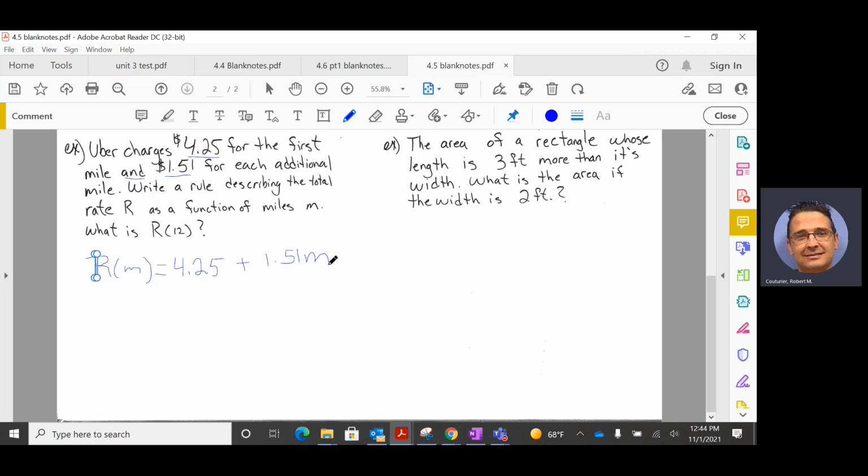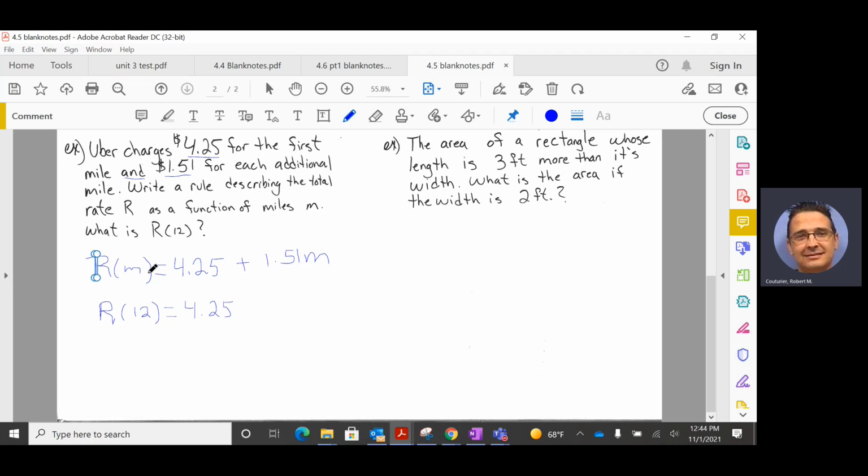So you have your equation, but now they want us to find what is R of 12. Meaning when our independent variable M is 12, what does R equal? So we have to do the substitution method.